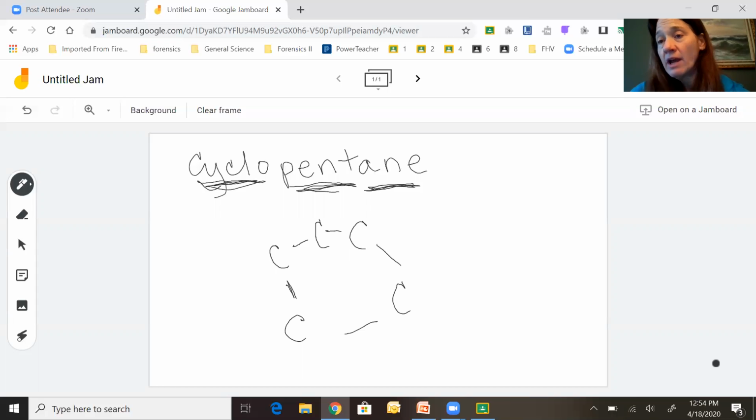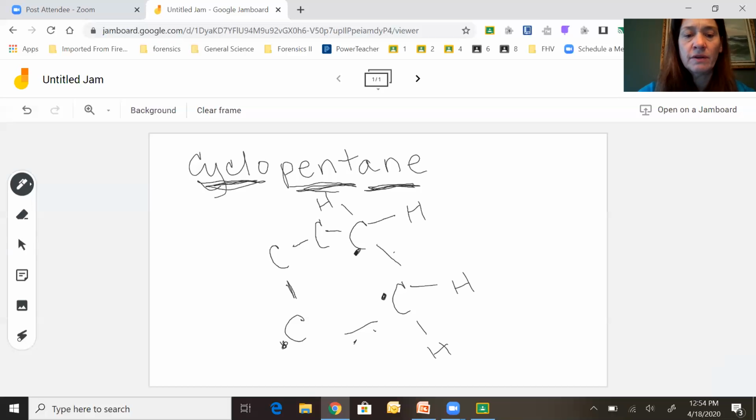So now we're going to add our hydrogens, right? This carbon right here, how many bonds does it have? 2. We need 2 more hydrogens. This carbon right over here, how many bonds? 1, 2, needs 2 more. This carbon right here, how many bonds? 1, 2, needs 2 more. This carbon right here, how many bonds?